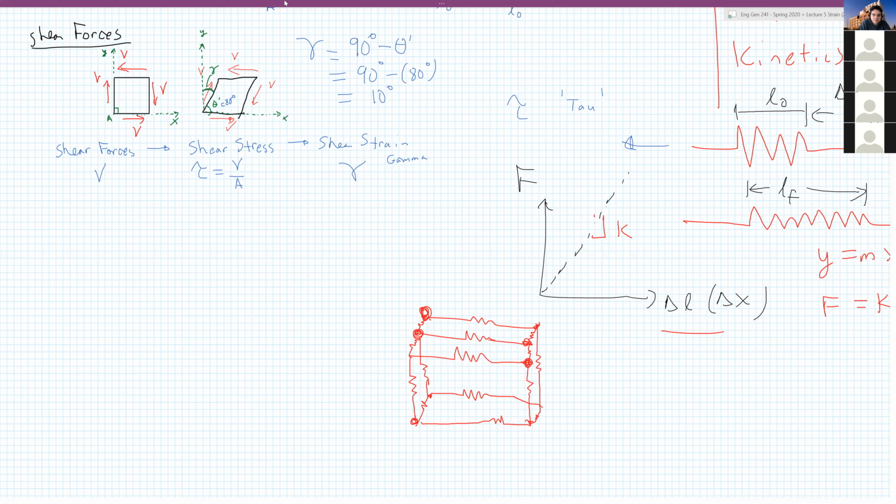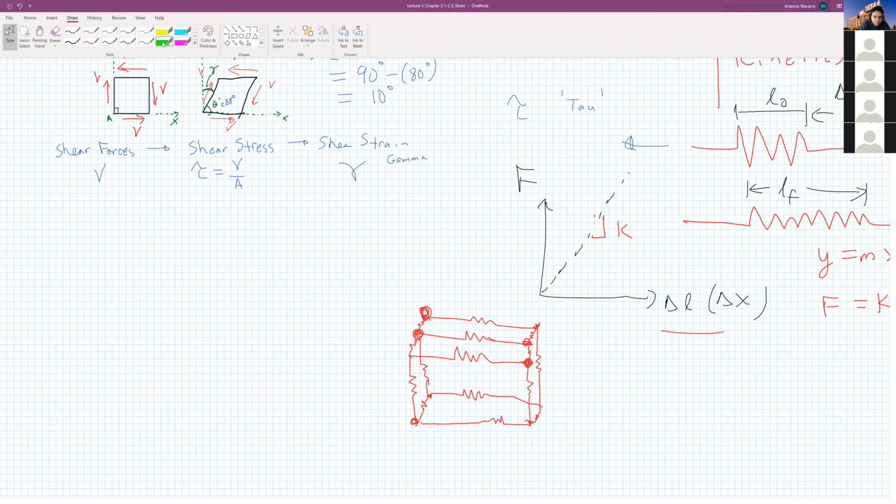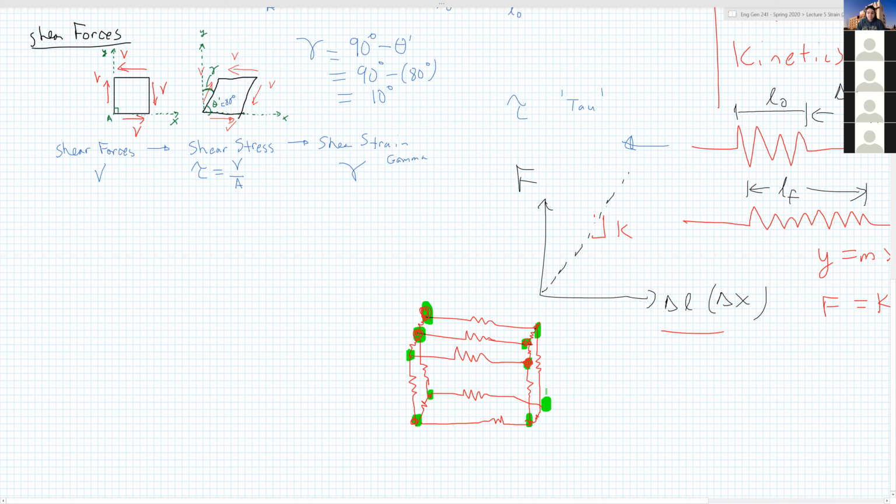Let me actually, but I want you to conceptually see what's going on. So these green highlights that you'll see eventually are going to be atoms. Okay? Solid materials are not made of one spring, right?